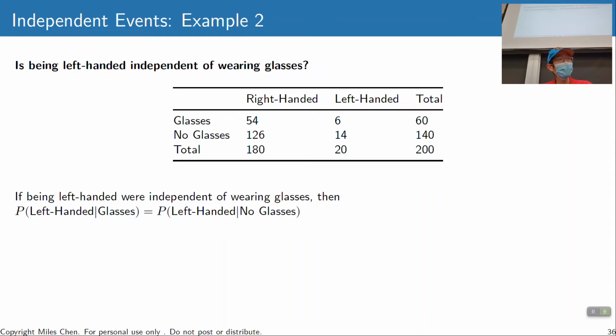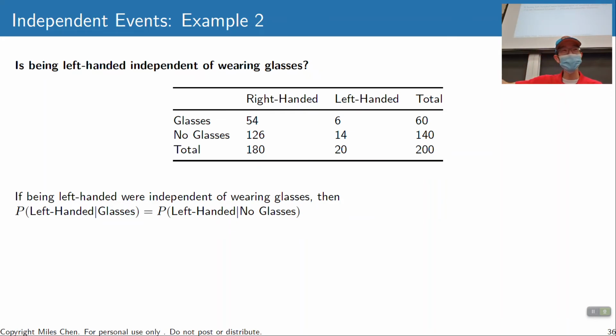If they are independent, then the probability of left-handed is just the probability of being left-handed, if being told whether someone wears glasses or not does not affect whether we believe they're going to be left-handed. Does finding out, right?